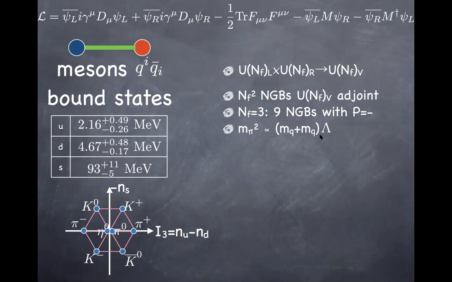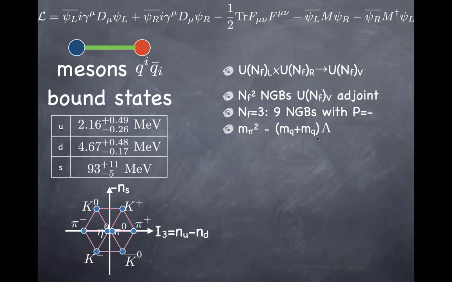And then you can work out how the mass of these number Goldstone bosons is generated. It turns out that the mass squared of these states is proportional to the sum of two masses, which make up these bound states, a number Goldstone boson. So in the case of M pi, let's say pi plus is made of up quark and anti-down quark, then M pi squared goes with M up plus M down.